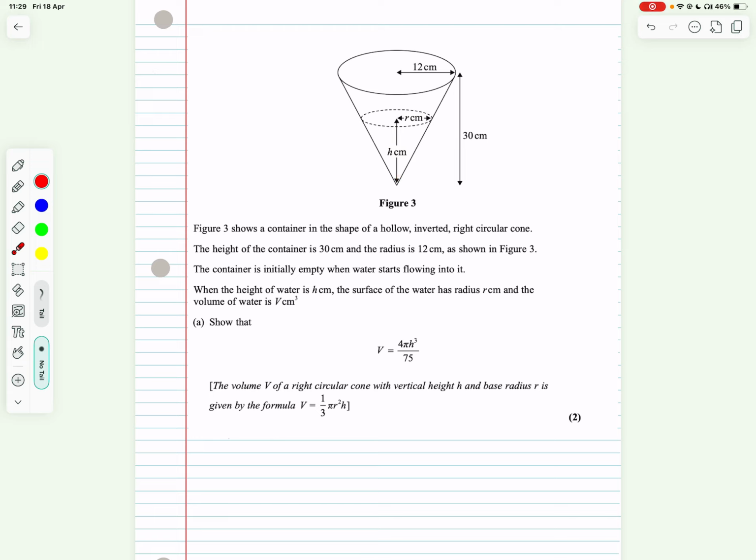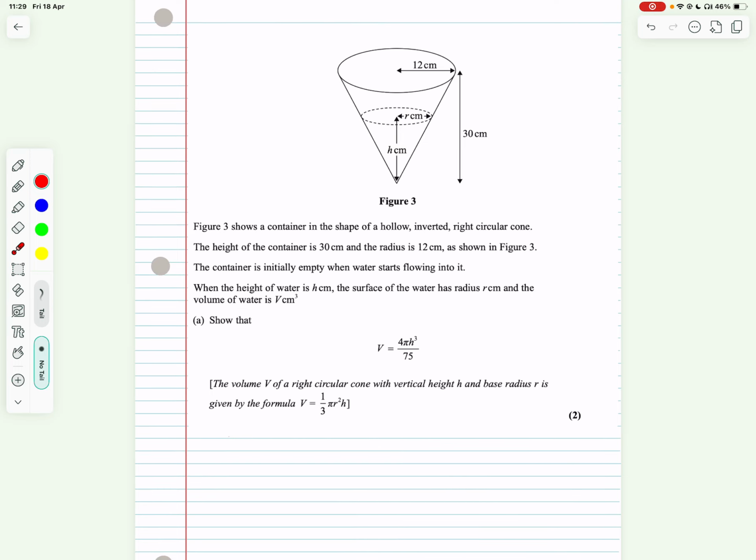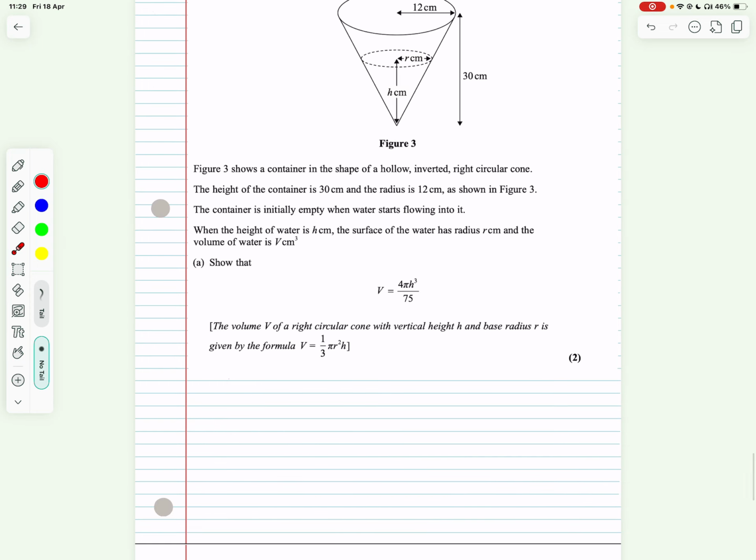That is denoted by V centimeters cubed. So we need to show that the volume of this small cone right here, which is the amount of water that flowed into the container, is 4 pi h cubed over 75.